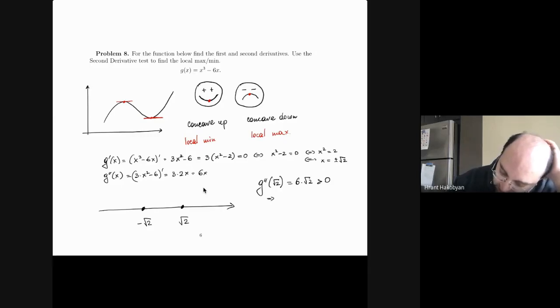So that means there is a maximum or a minimum. If the second derivative is positive, that means I have a local minimum, right? So local minimum.